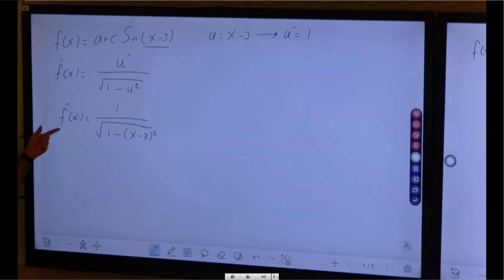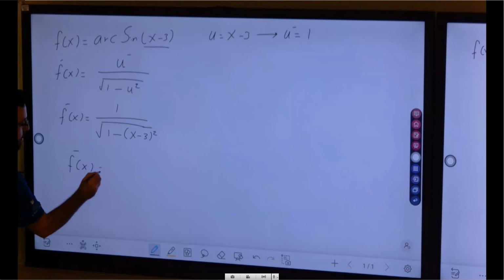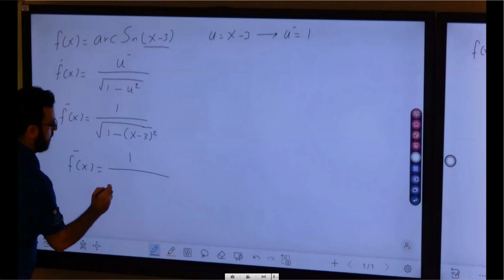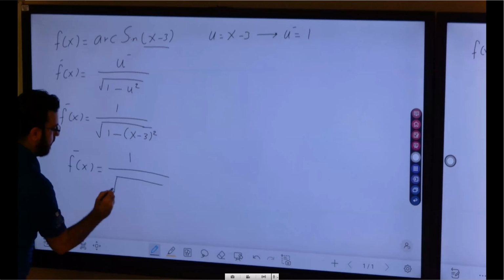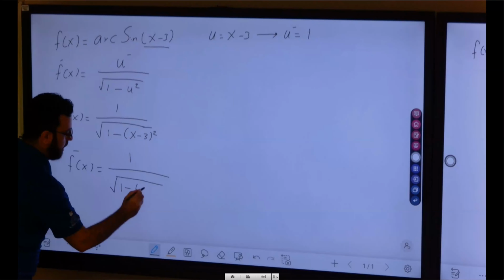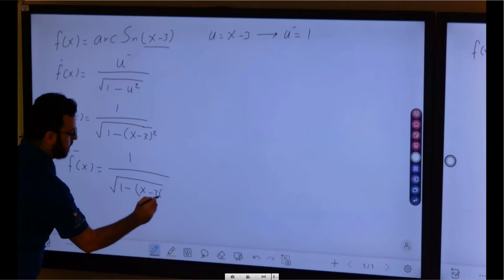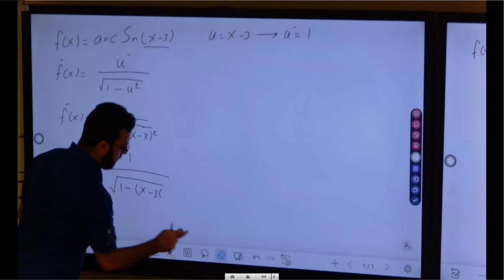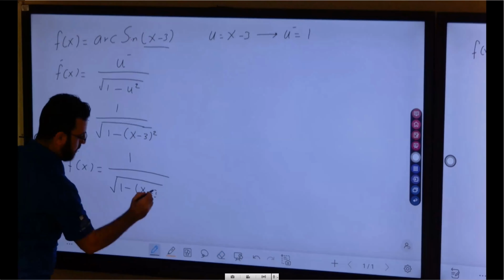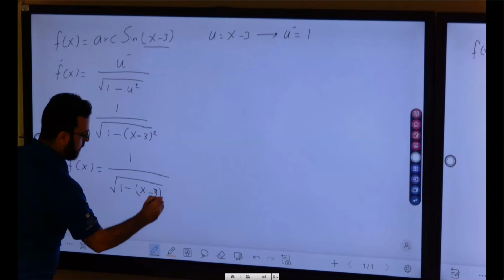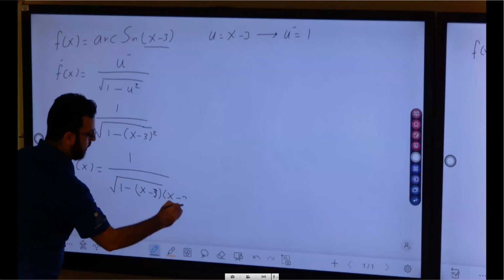Now this is the derivative, but can I simplify it? I'm just going to open these parentheses: 1 over the square root of 1 minus (x minus 3)(x minus 3).